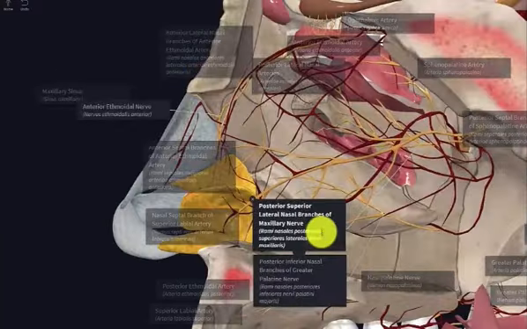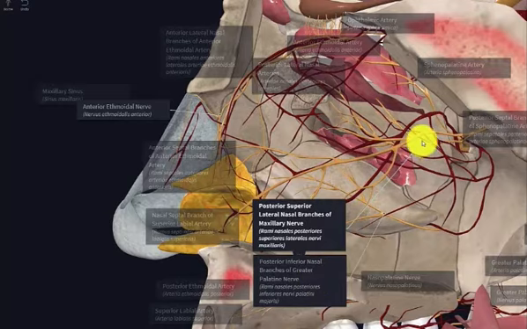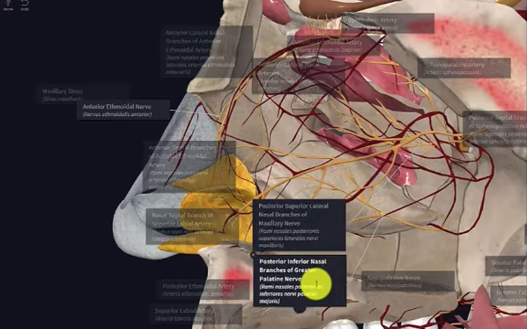And you're going to have posterior superior lateral branches of V2, and of course posterior inferior branches of the greater palatine nerve, also from V2.